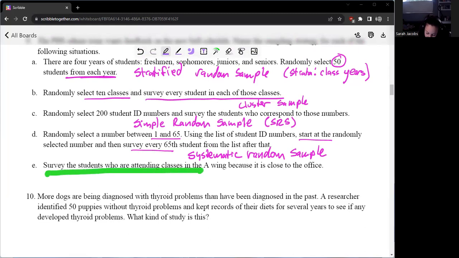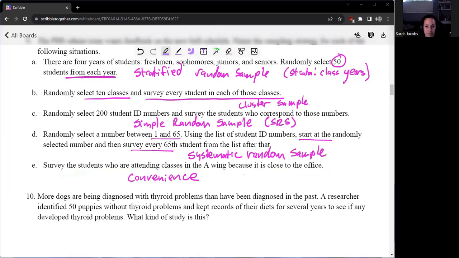So survey the students who are attending classes in the A wing because it's close to the office. This is what we'd call a convenient sample, right? If the principal and assistant principals wanted to quickly check in with students, the classrooms in the A wing are the closest. That doesn't mean they are representative of everyone in the school.